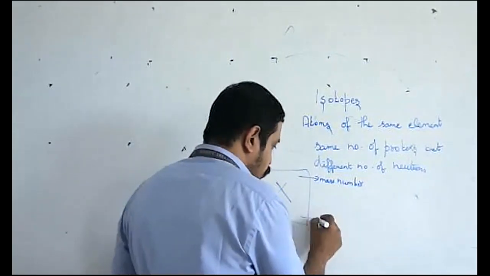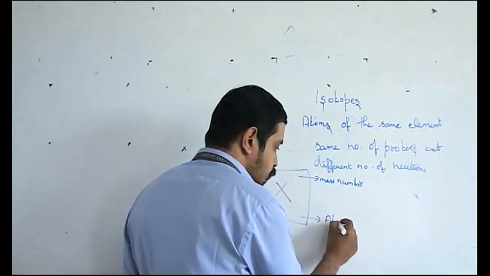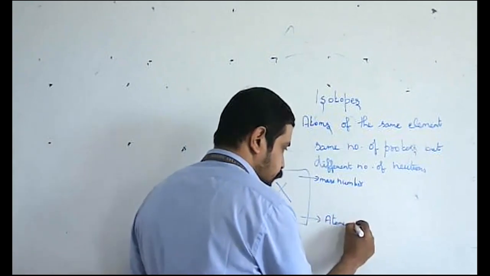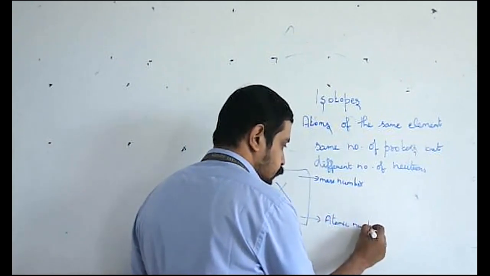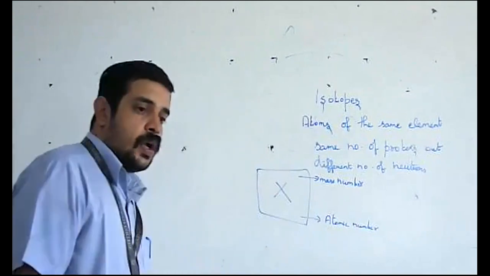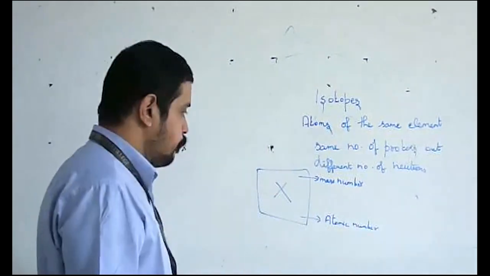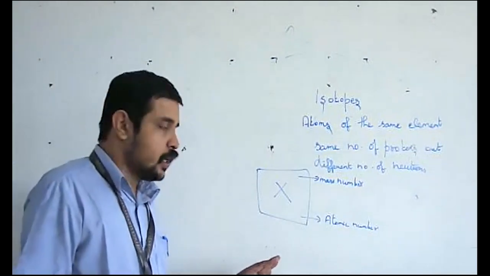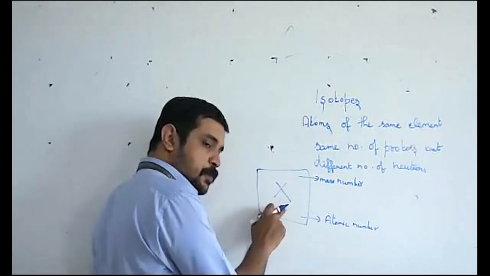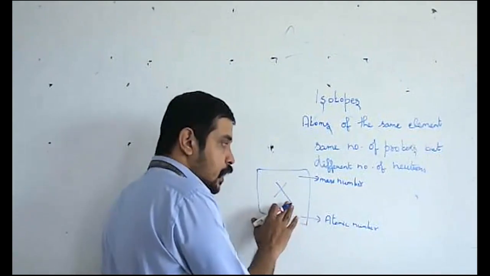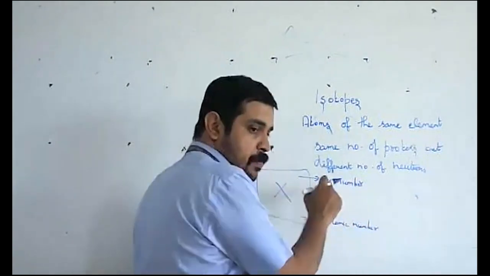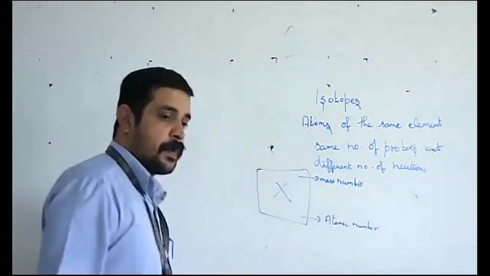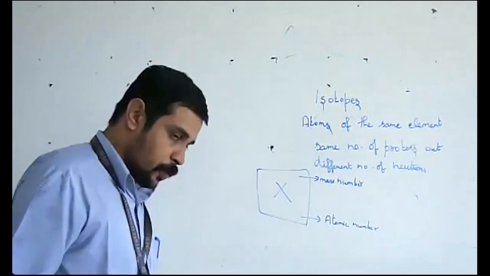The proton number or atomic number is represented at the bottom. Okay? So this is a general representation of the elements. Here we represent the mass number and here we represent the atomic number.